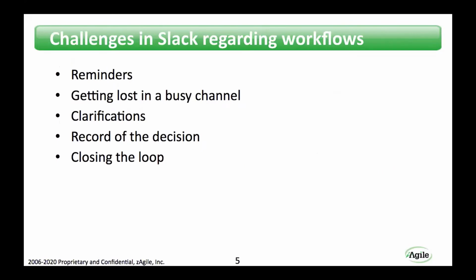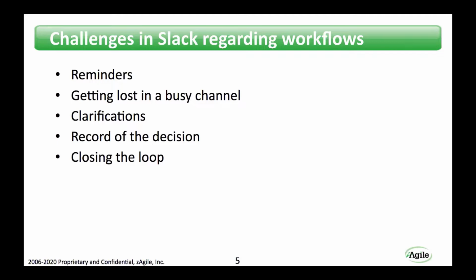Let's jump in. The challenges in Slack are regarding workflows. What do I mean by that? Well, there's nothing really to help you when you send a Slack to someone, with getting a reminder like, hey, I Slacked that person 2 weeks ago. What happened to that?